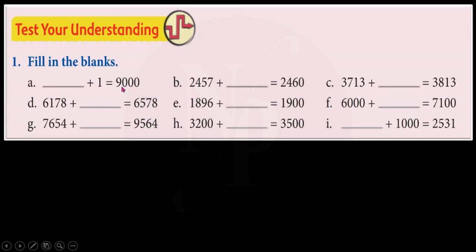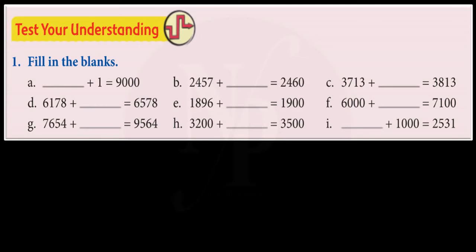In other words, the number that we should write here will be 1 less than 9,000, because on adding 1 to that number we are getting 9,000. That means the number we should write here must be 1 less than 9,000.